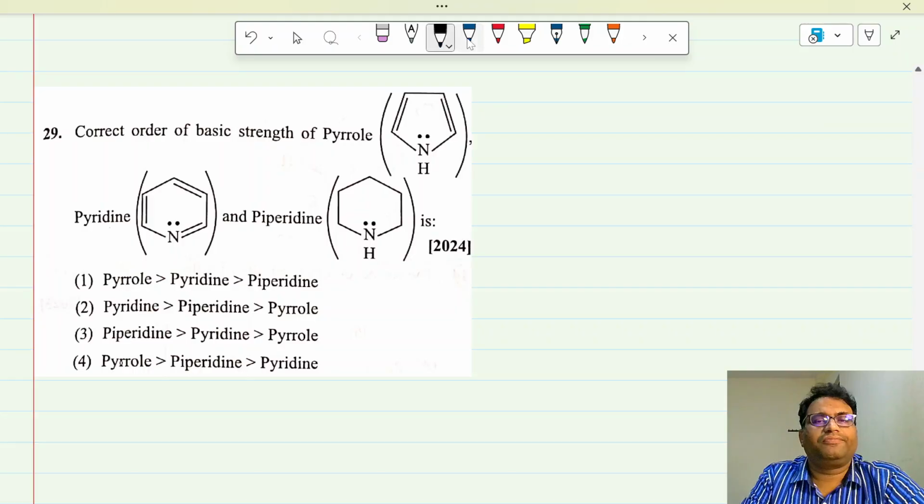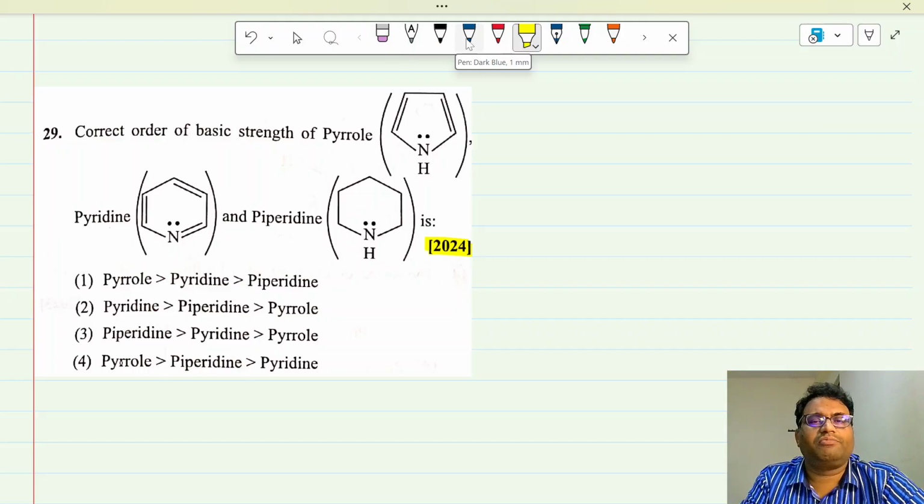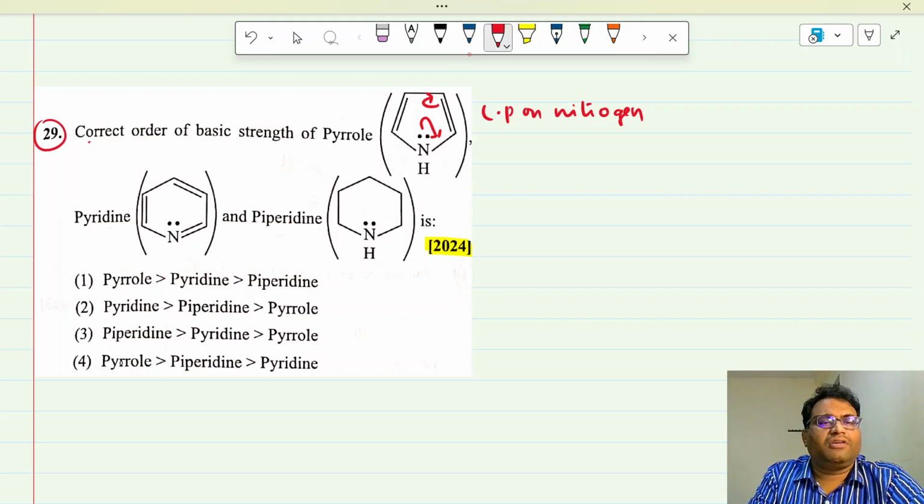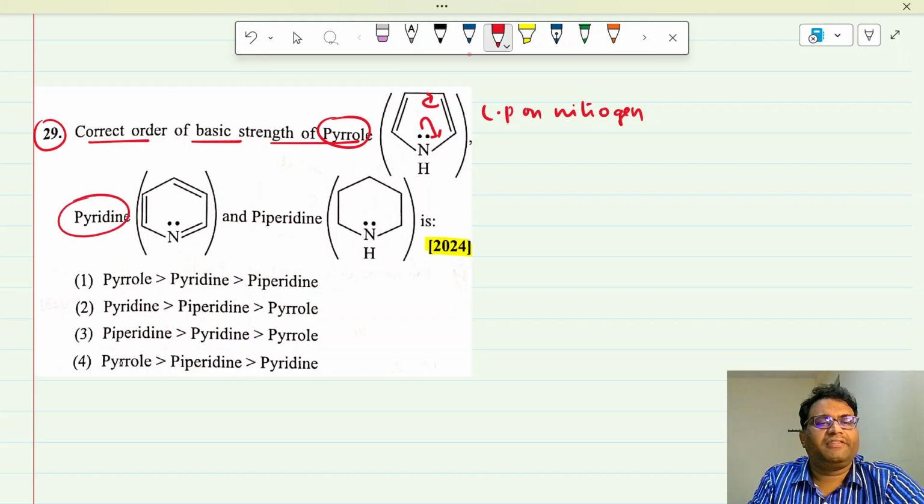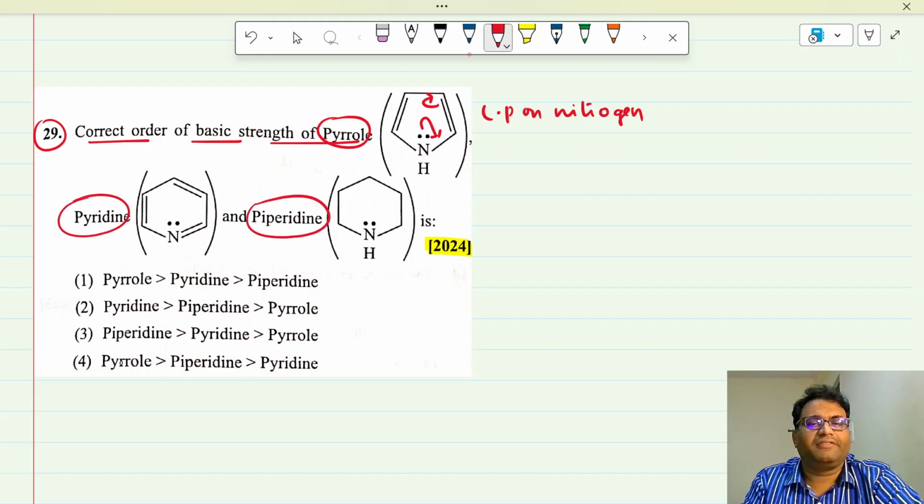Next, coming to the 2024 question. Already we have studied these molecules. Here, the lone pair on nitrogen is involved in resonance. The question is the correct order of basic strength of pyrrole, pyridine, and piperidine. The lone pair on nitrogen is involved in aromaticity.